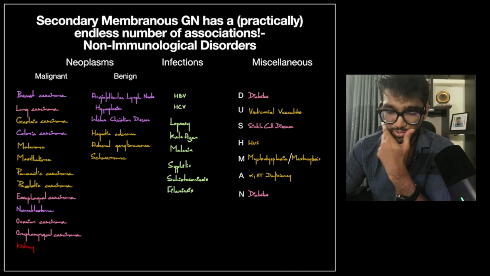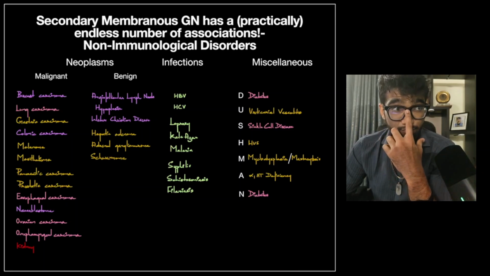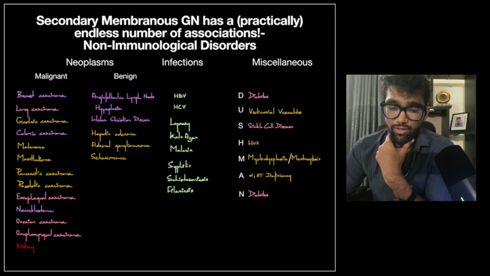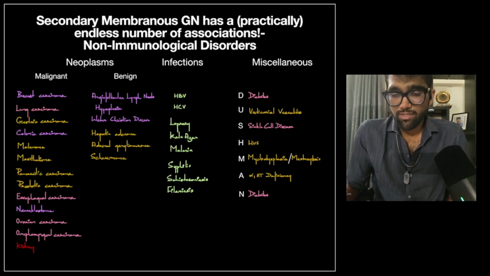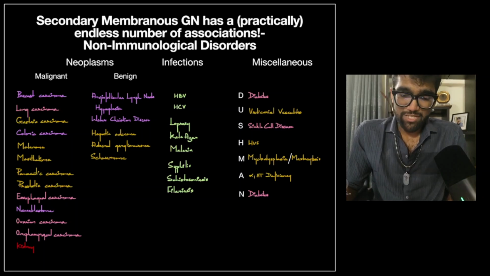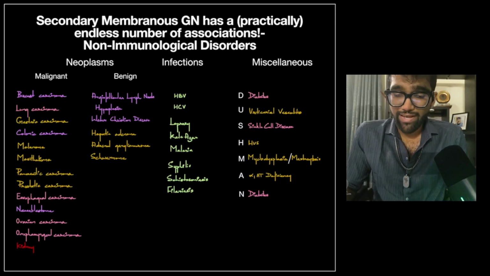We'll come to that in our discussions on SLE, so autoimmune disorders. S stands for sickle cell disease, H stands for hemolytic uremic syndrome, M stands for myelodysplasia and mastocytosis, A for alpha 1 antitrypsin deficiency, and D for diabetes. I know I have mentioned diabetes twice, but that is because diabetes is by far the most common cause of any type of renal disease.